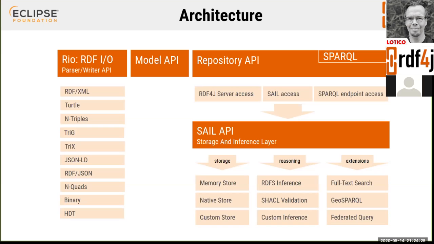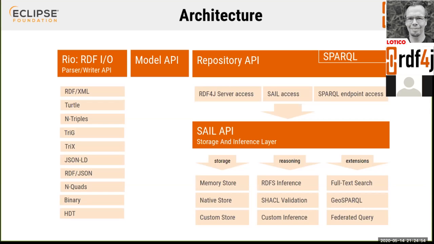Then the last bit that I briefly want to talk about is this dark orange box in the middle there called the Sail API, which is also a public API, but is not really intended for direct use by you as an application developer. It is meant as a decoupling point between the more functional APIs and the nitty-gritty details of the particular data store that you're using.